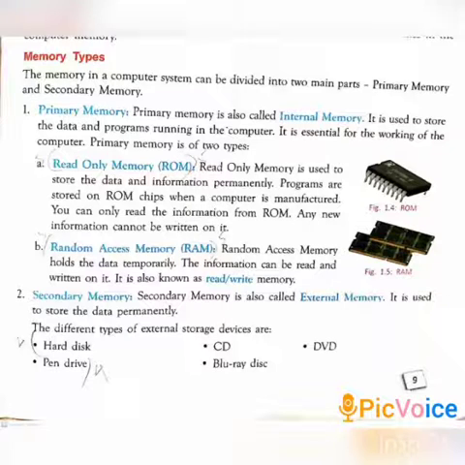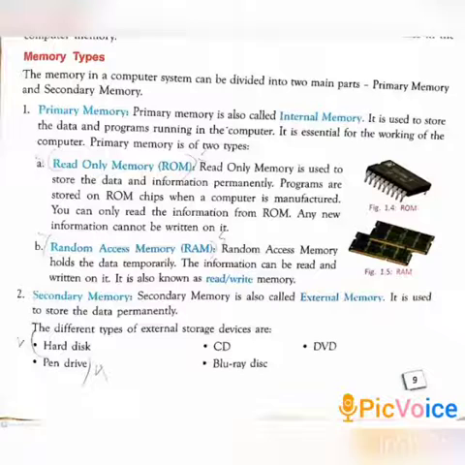First, read-only memory, ROM. Read-only memory is a non-volatile memory. It is used to store the data and information permanently. We can only read the information from ROM. New information cannot be written on ROM.